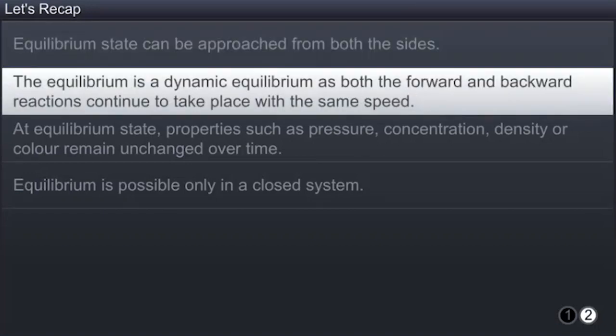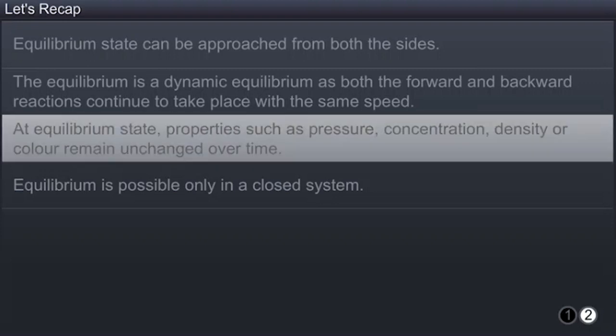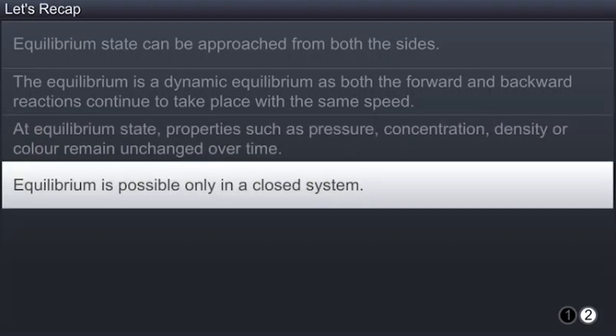The equilibrium is a dynamic equilibrium as both the forward and backward reactions continue to take place with the same speed. At equilibrium state, properties such as pressure, concentration, density, or color remain unchanged over time. Equilibrium is possible only in a closed system.